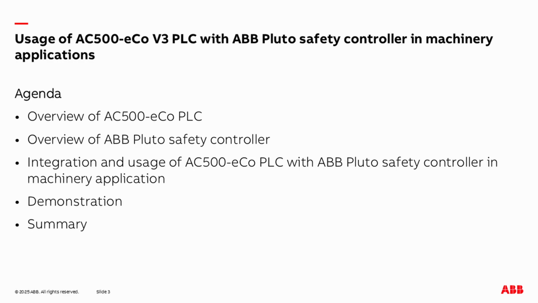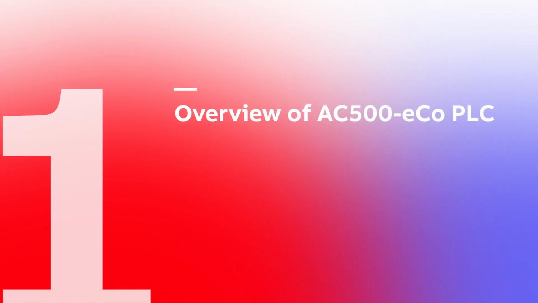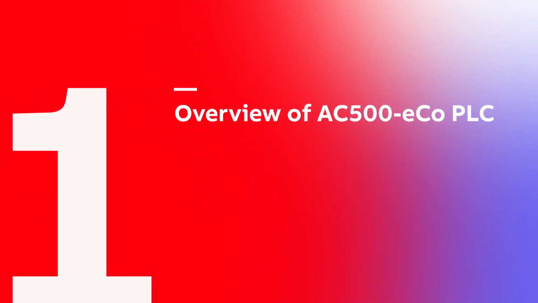Then we'll get a view on the ABB Pluto safety controller, and then we'll show you the integration of both controllers, AC500-eCo PLC and ABB Pluto safety controller in machinery applications. You'll see how they can be connected using CAN without any gateway. There will be a demonstration and then summary and questions and answers session, so you can put your questions in the chat or unmute yourself later on.